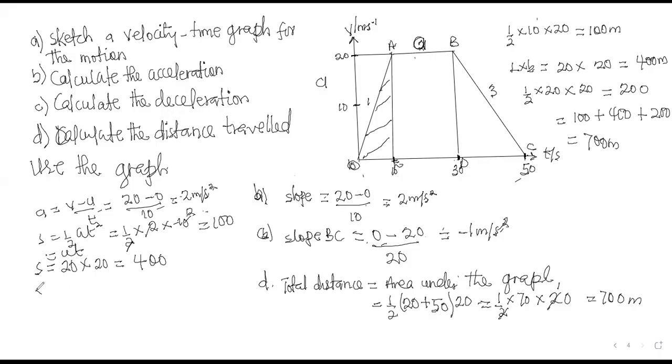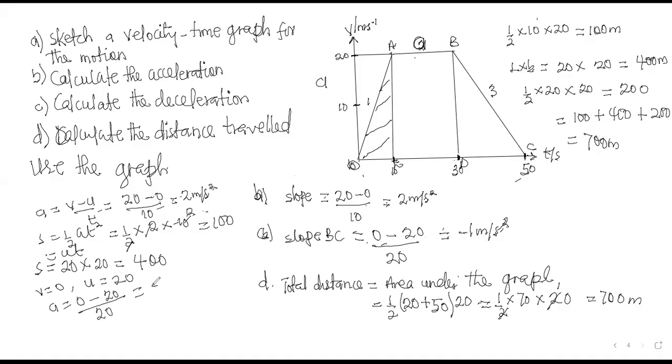if V is 0, U is equal to 20. What's the acceleration? Acceleration is equal to 0 minus 20 divided by another 20.